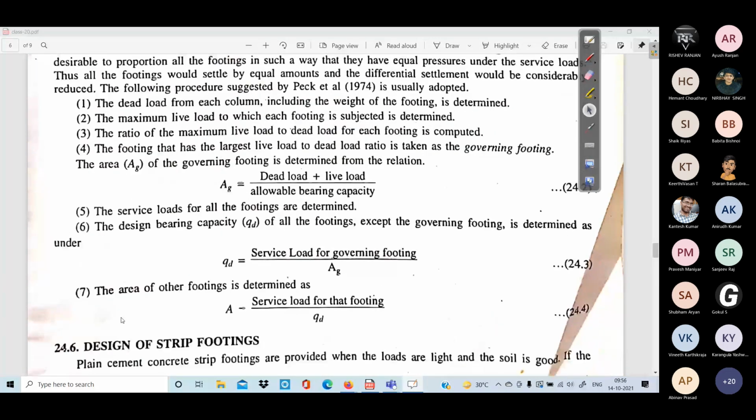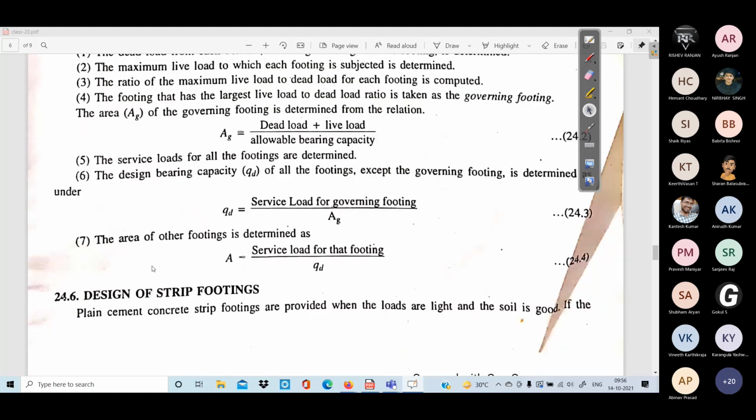Then the design bearing capacity of all the footings except the governing one is determined. Okay, so the service load for the governing footing. Then the area of the other footings is determined.